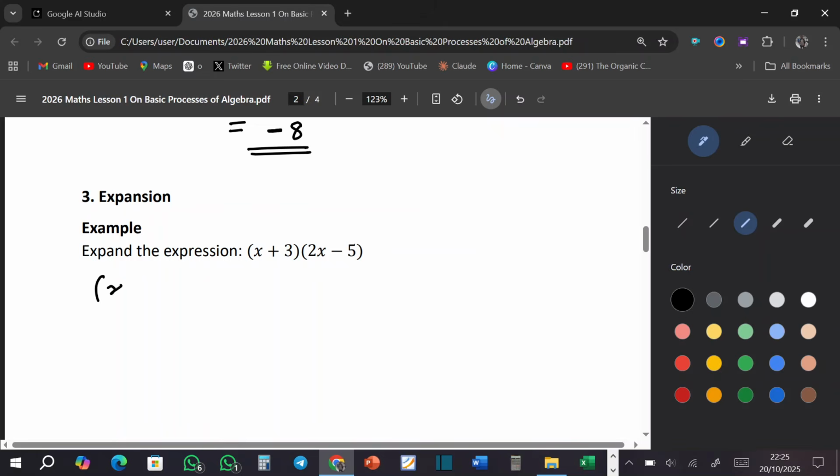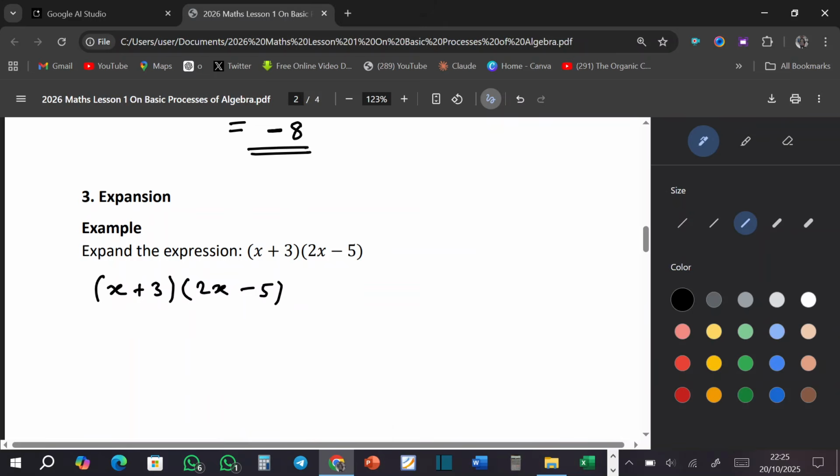Open brackets, x plus 3, close, open, then 2x minus 5. When you have two expressions in brackets and in the middle there's nothing there, it means there's multiplication in the middle, but it is never shown. Brackets on themselves are saying you're multiplying.